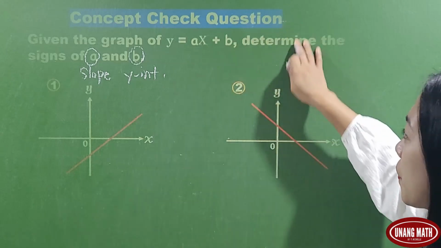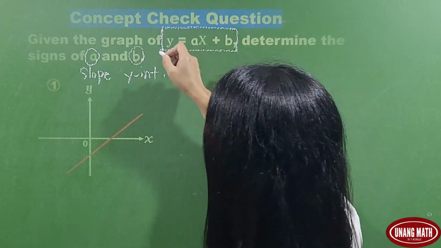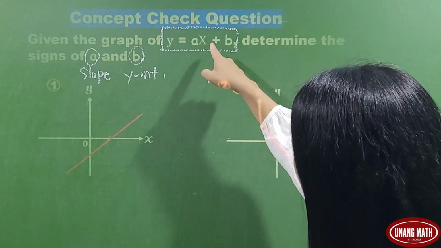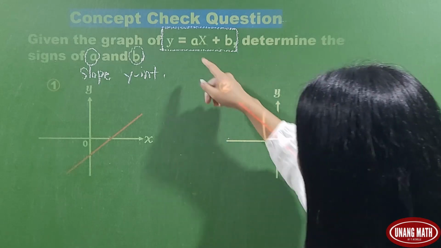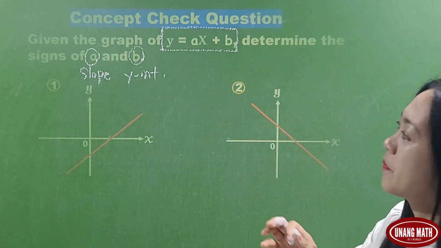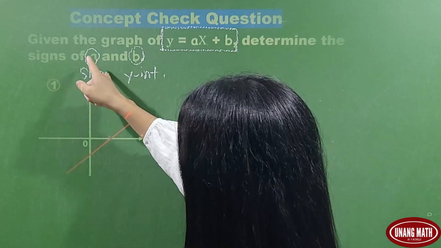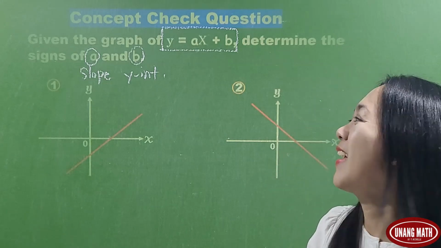According to this problem, y is equal to ax plus b refers to these graphs. Let's determine the sign of the slope and the sign of the y-intercept.